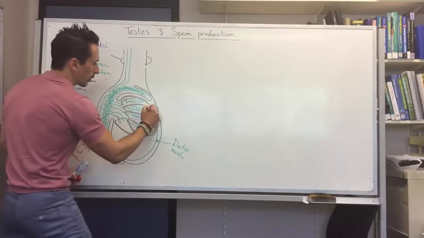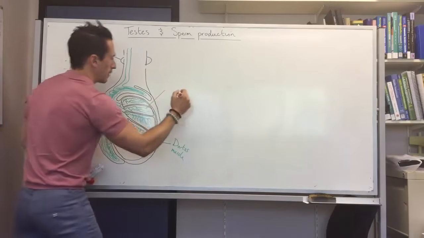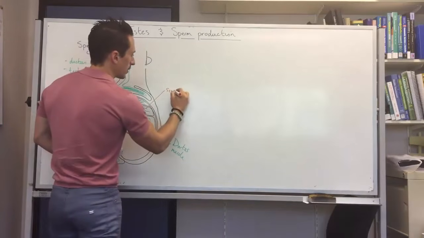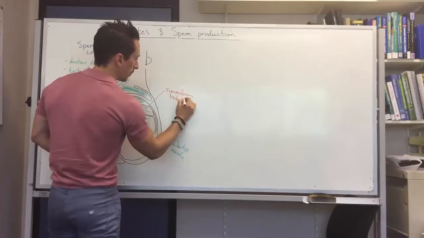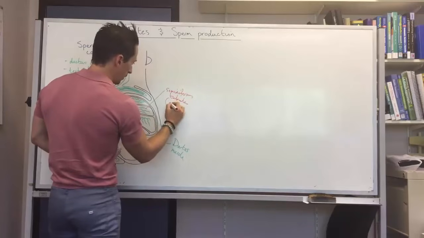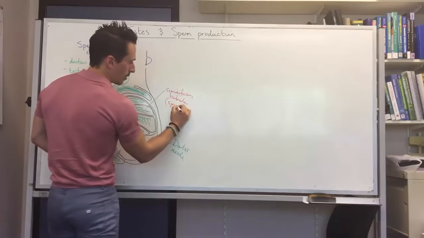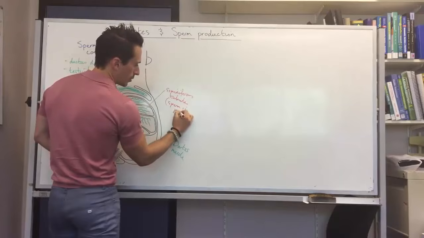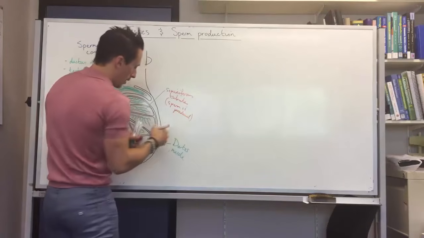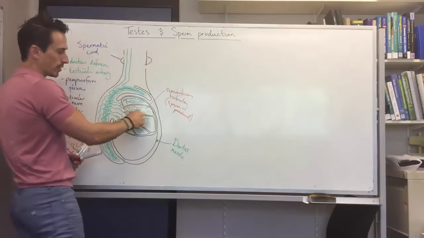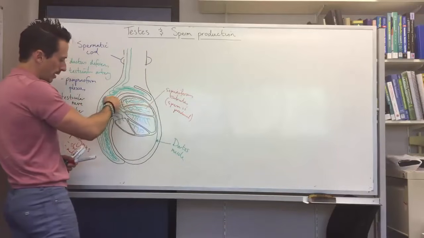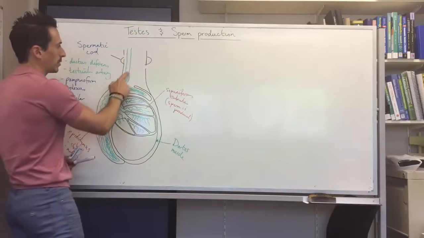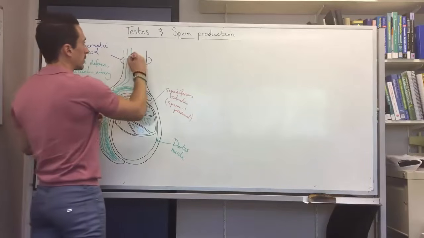And here we've got seminiferous tubules, and this is where sperm is produced. And therefore, sperm being produced in the seminiferous tubules travels through these ducts into the epididymis and then up into the ductus deferens.